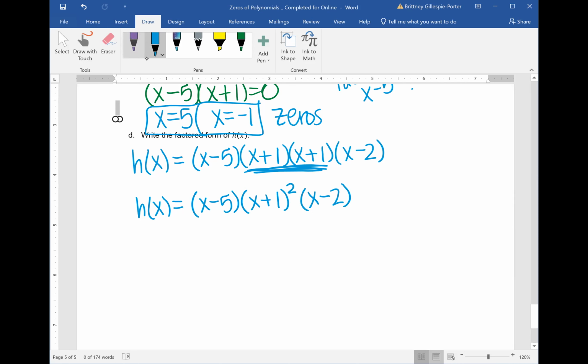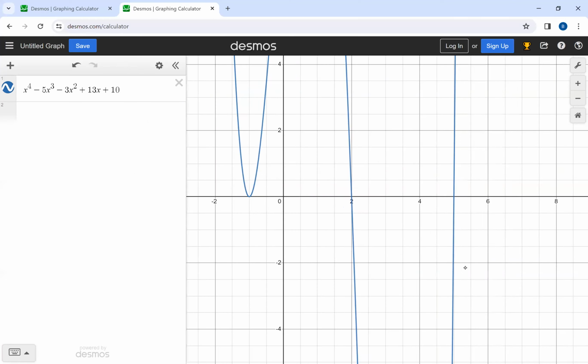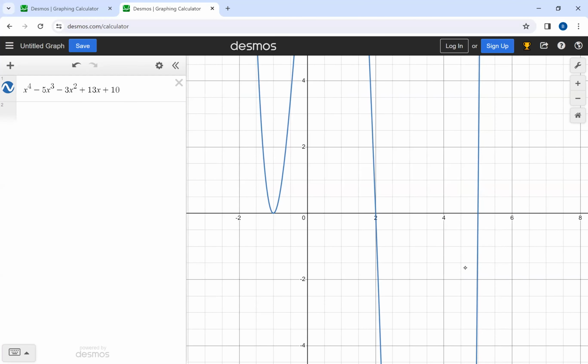But keep in mind that this means that our x equal to -1 had a multiplicity of 2, which is why when we graphed it, we had a touch and turn at x equal to -1.